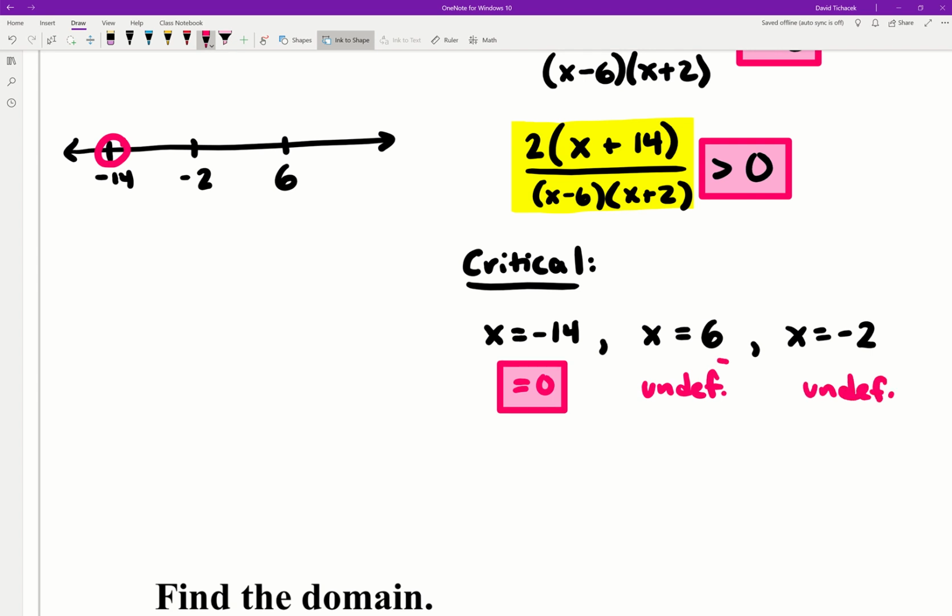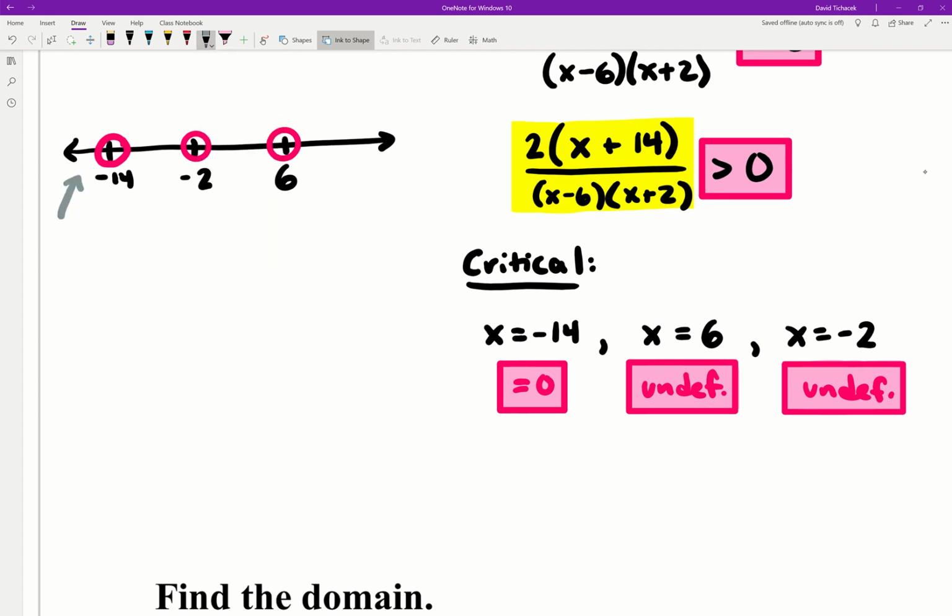And of course, if we are undefined, then we are not greater than 0, so these are numbers that on the number line we are not going to be filling in. We're going to leave open dots on these numbers as well. So let's signify that over here: we have an open dot at negative 2 and an open dot at positive 6. That leaves the entire rest of the number line for us to test. So we're going to pick a candidate that lives in each one of these regions on the number line.